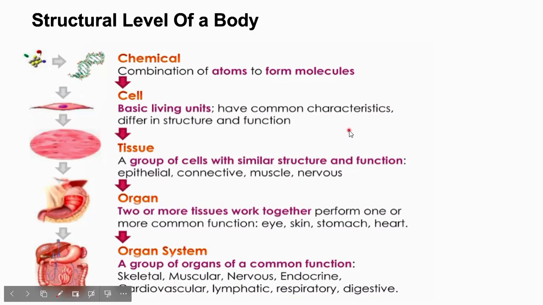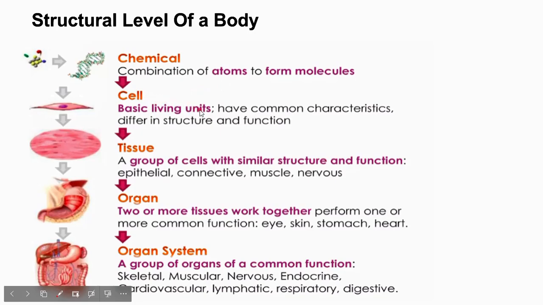But when it comes to biology, when it comes to anatomy, the structural level begins with a chemical, which is a combination of atoms to form a molecule. Now, these molecules, even though not proven, fuse together to form what we call the basic unit of life, which is a cell.